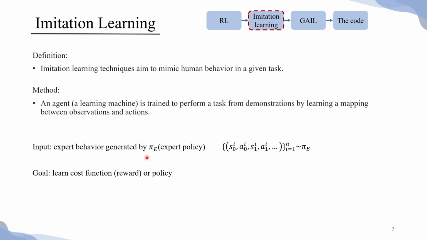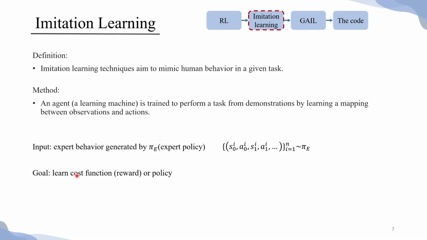For example, to train a self-driving car, you can bring in a professional human driver to show how it's done. And the goal is to find the cost function from the expert's trajectories.